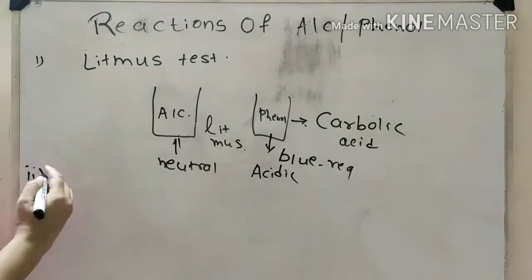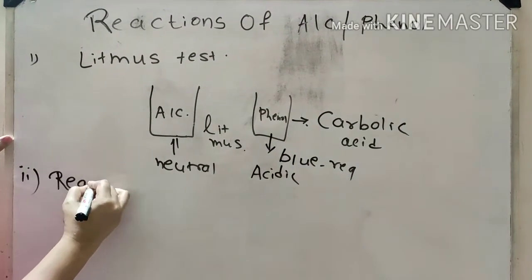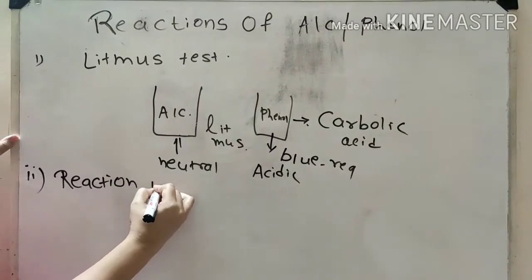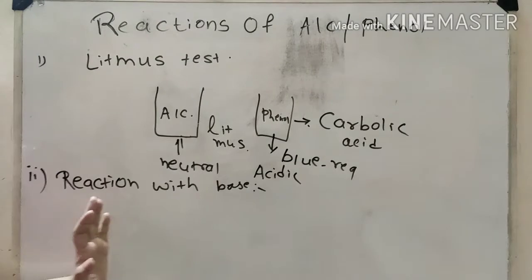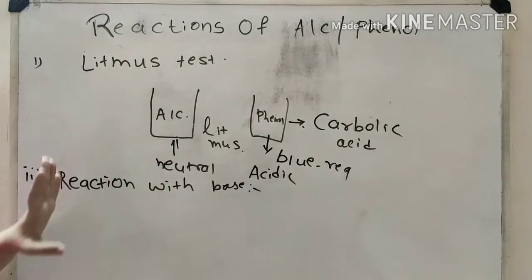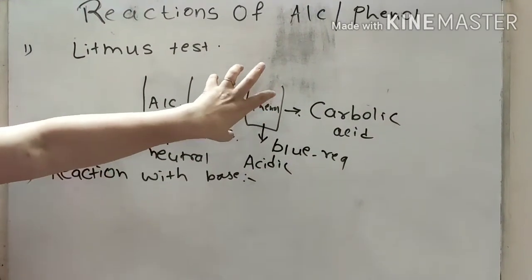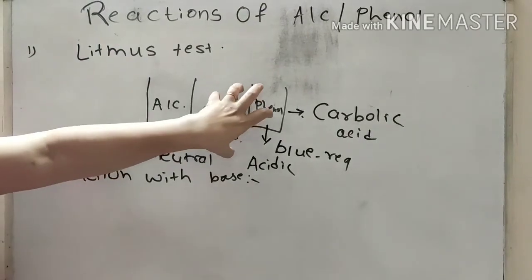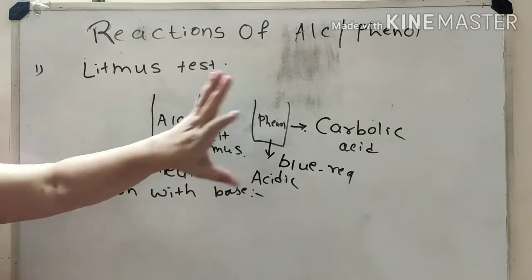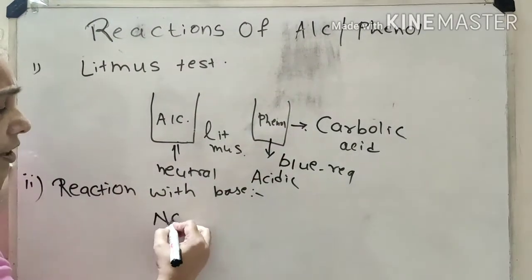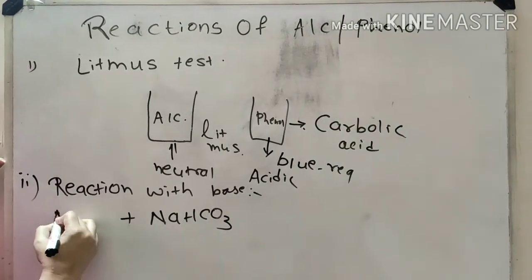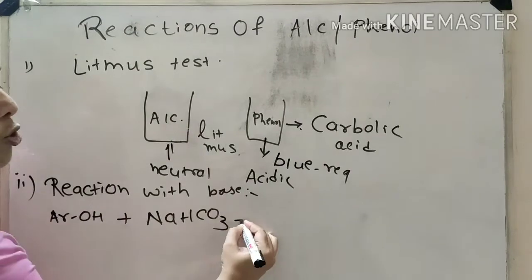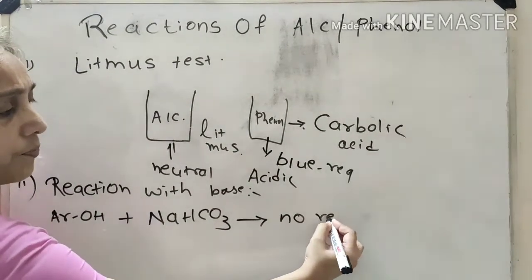Suppose now the reaction with a base. For this reaction with a base, phenol has a very weak acidic nature. Hence, it does not react with NaHCO3, sodium bicarbonate. There is no reaction with this.